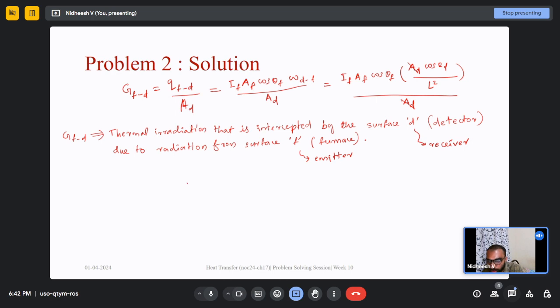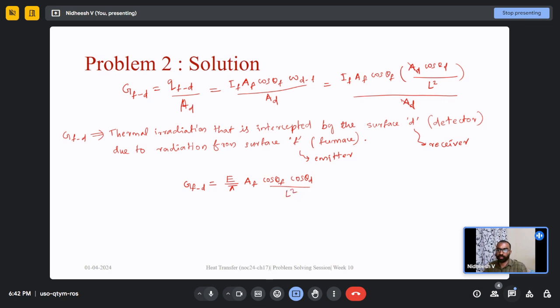So ultimately it just boils down to GFD equal to E by pi into area of furnace into cos theta furnace into cos theta detector divided by L square.